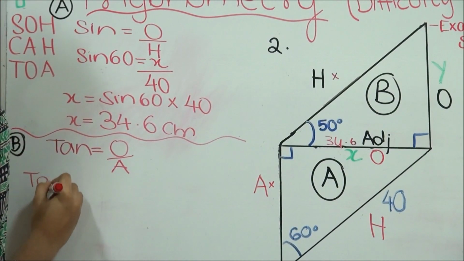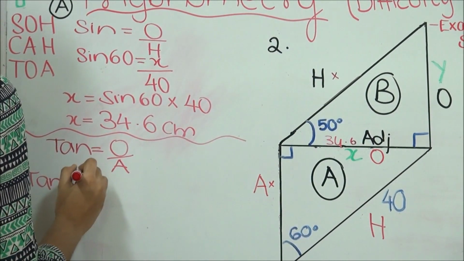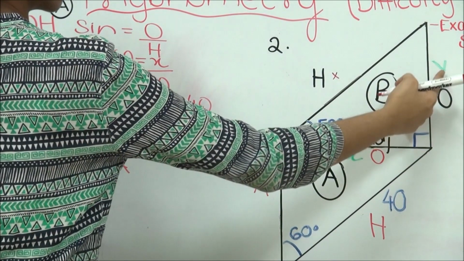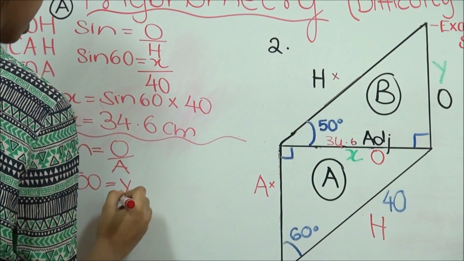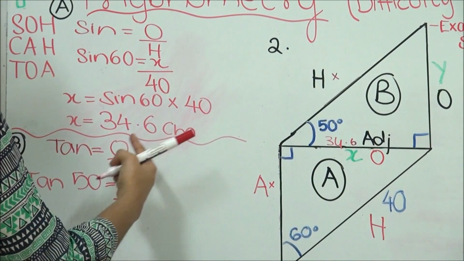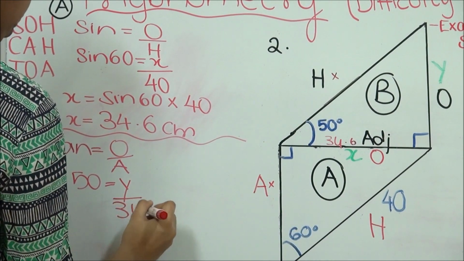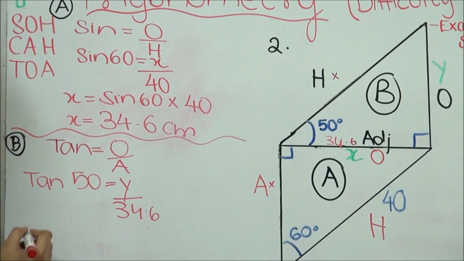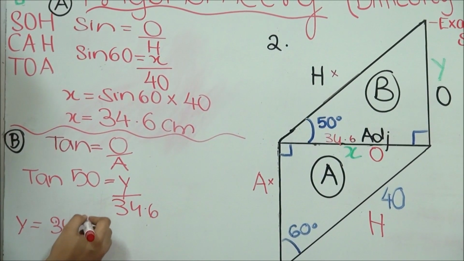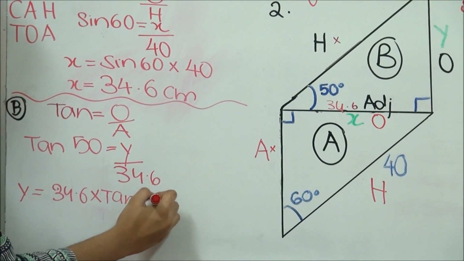Now we can start substituting with tan theta, which is 50 degrees, equals opposite, which is y that we need to find, over adjacent, that is 34.6 that we found in triangle A. How do we find y? y equals 34.6 times tan 50.